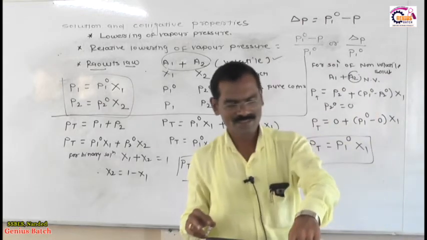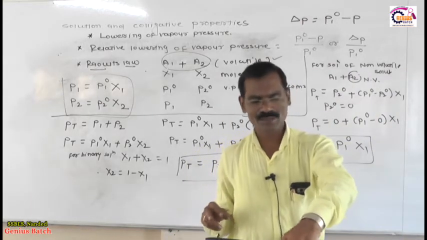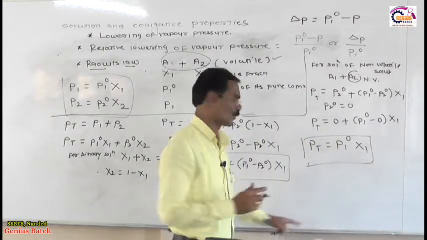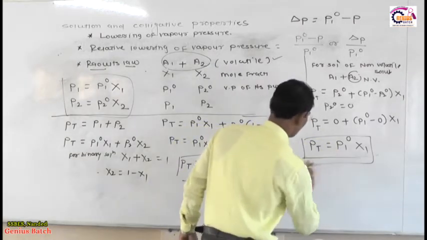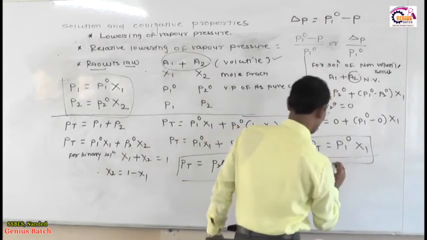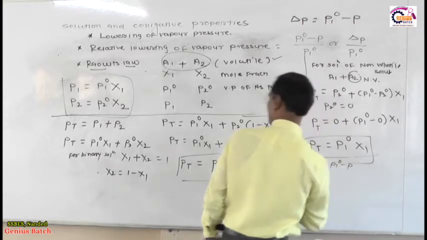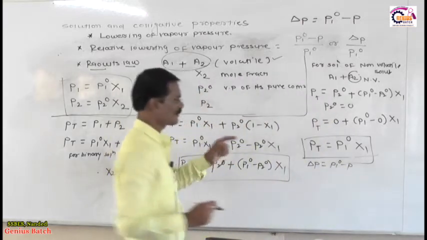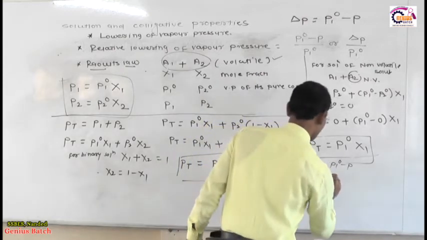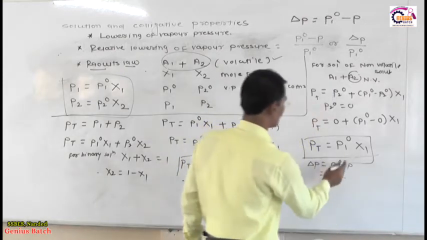Now dear students, you know very well the lowering of vapor pressure, delta P, is equal to P1⁰ minus P. Keep this in your mind. P means total pressure.